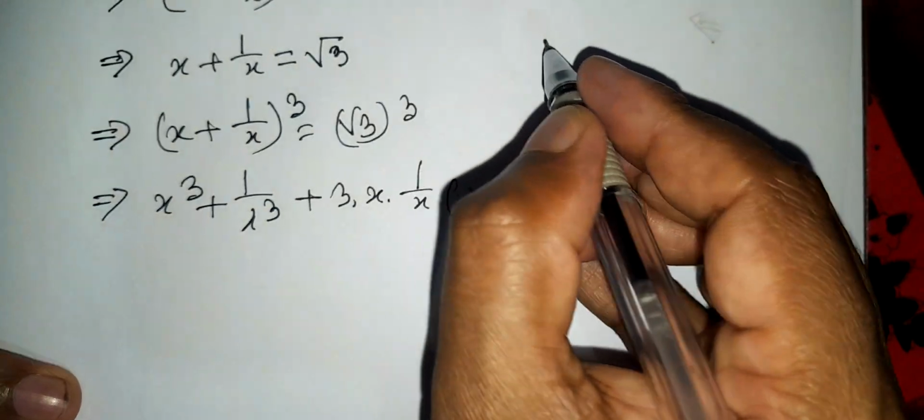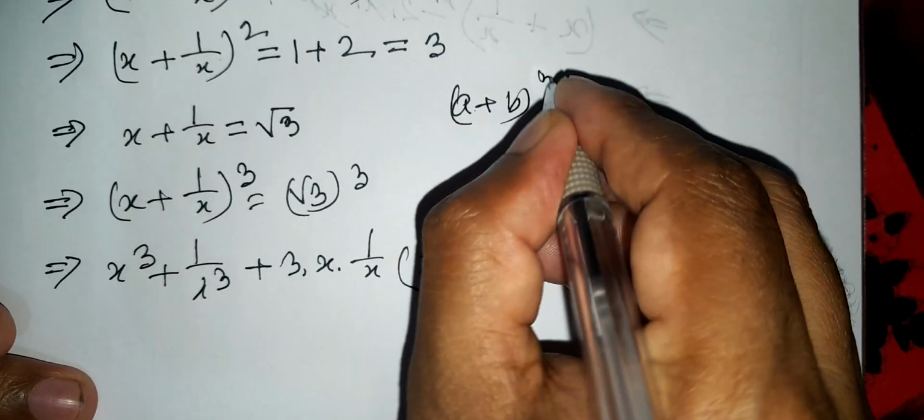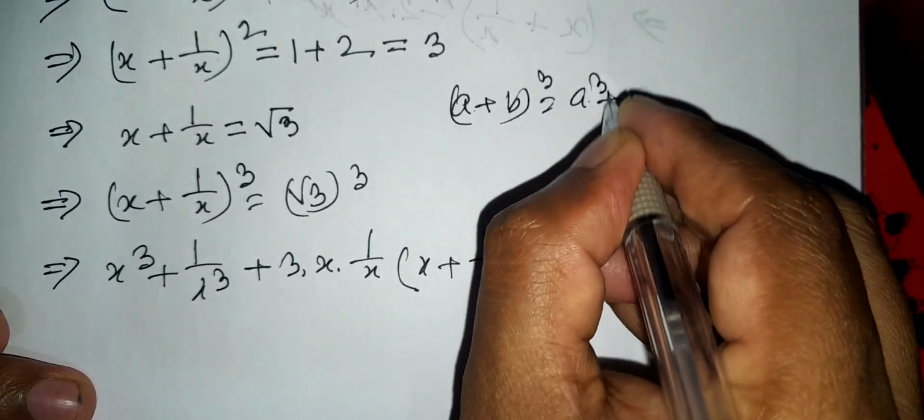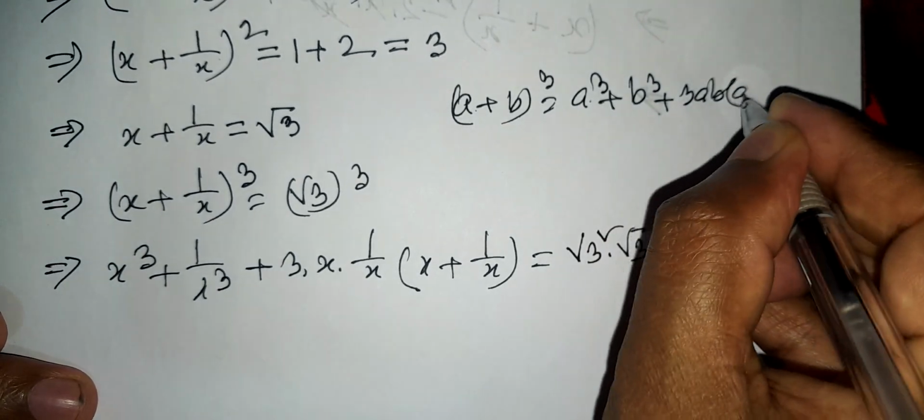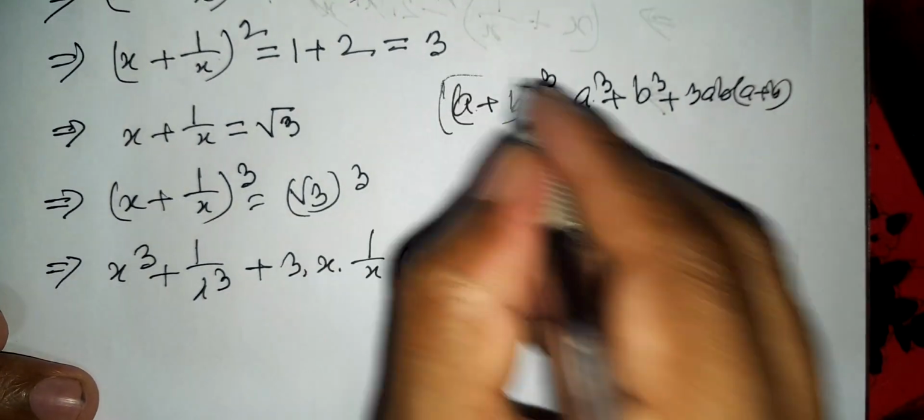Here we have used the formula a plus b all cube is equal to a cube plus b cube plus 3ab into a plus b.